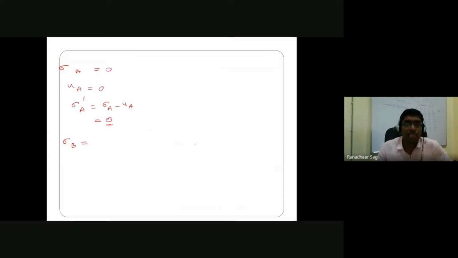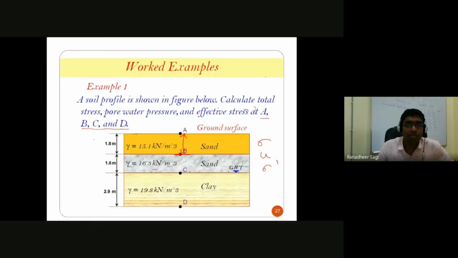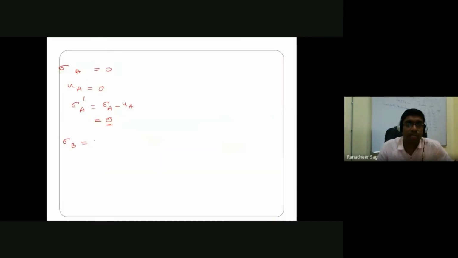So I can simply say my total stress is 15.1 into 1.8. 15.1 into 1.8 is the total stress that I am going to get at point B position.